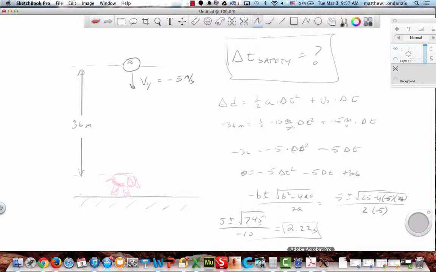It's negative 36 because my final is 0 and my initial is, right? That's because I determined that my acceleration is negative 10, and my velocity is negative 5, and down is negative. Okay? Everyone there.